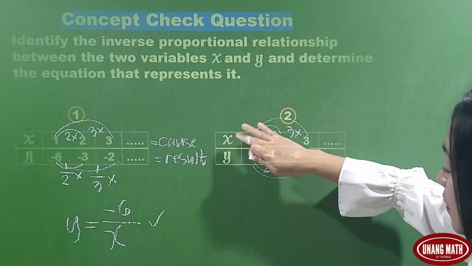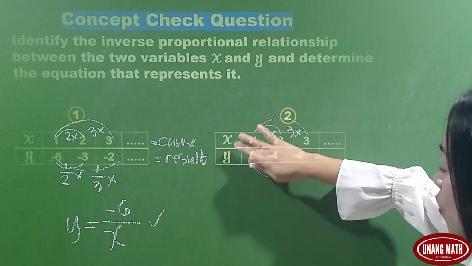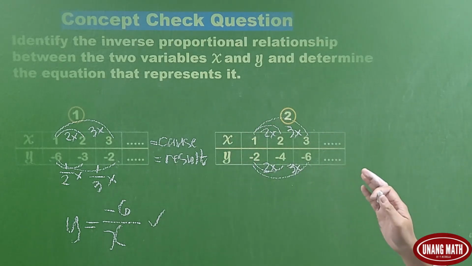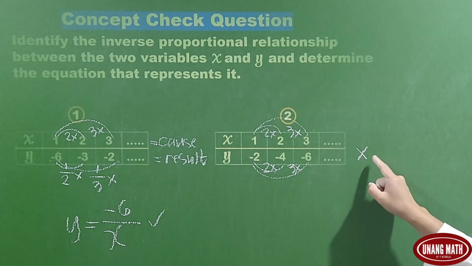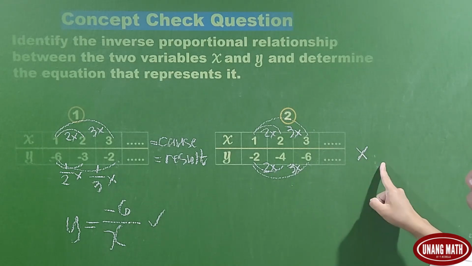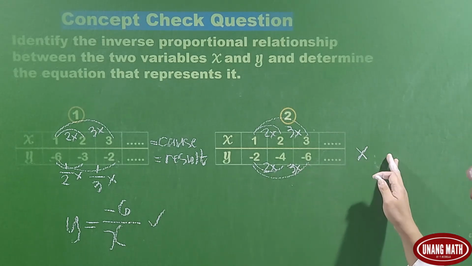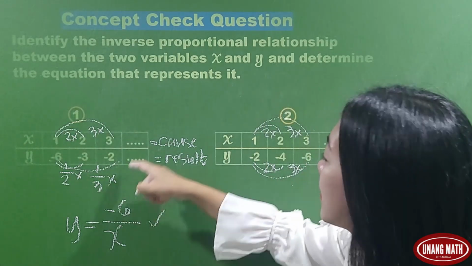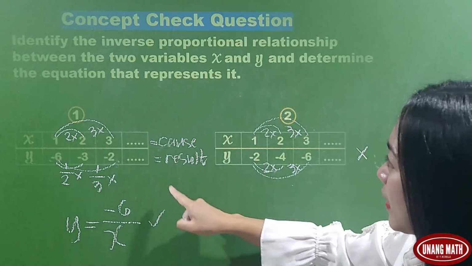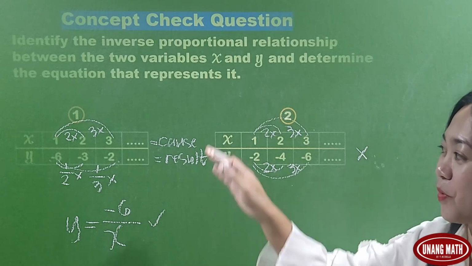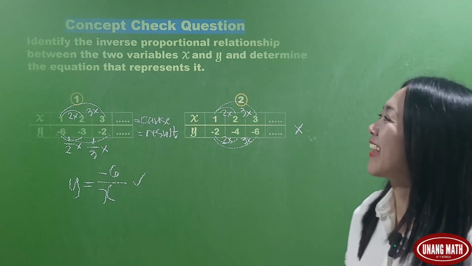So the relationship between these two quantities, x and y, is directly proportional. This is not an example of a relationship that is inversely proportional. So table number 1 is the example of an inverse proportional relationship between the two quantities.